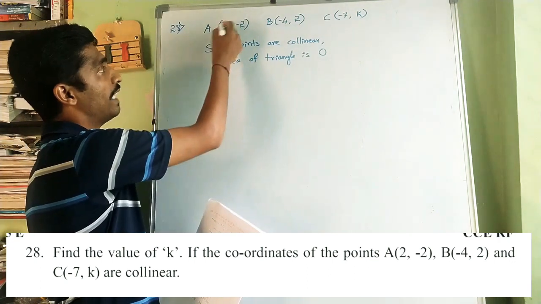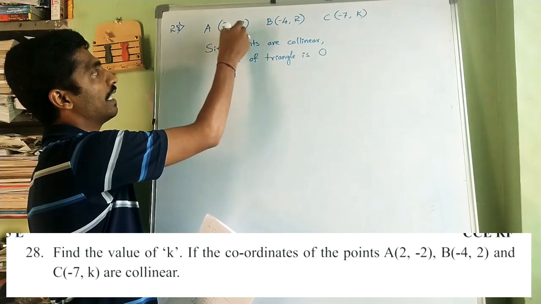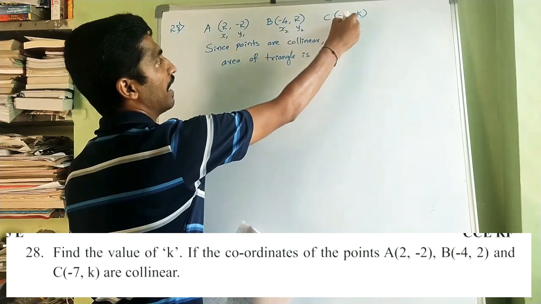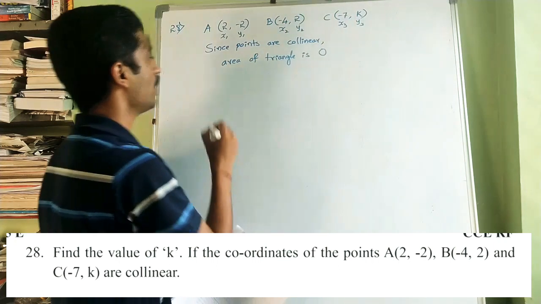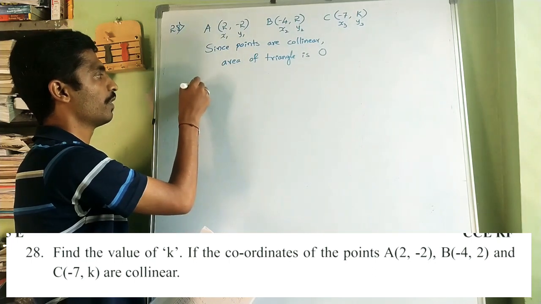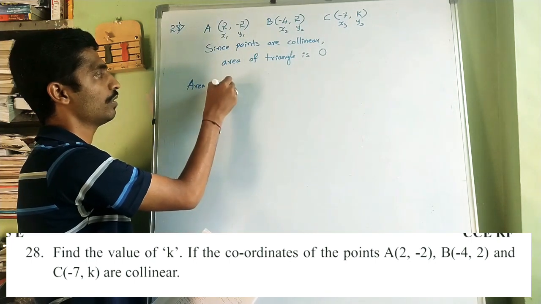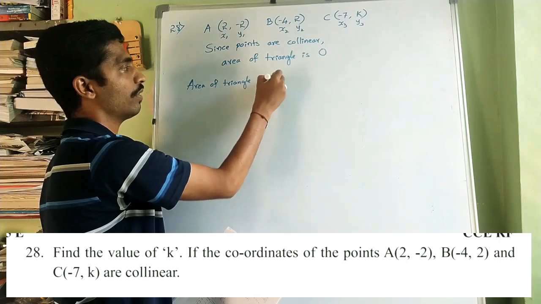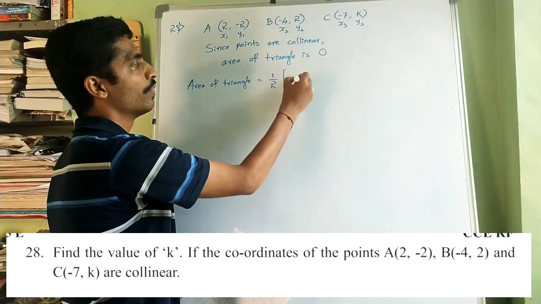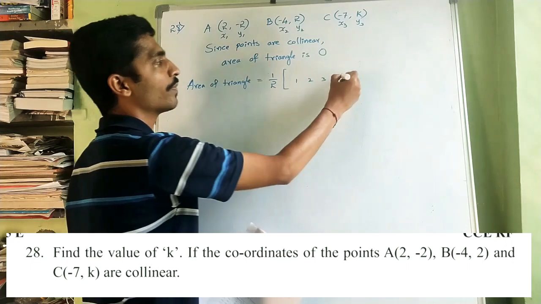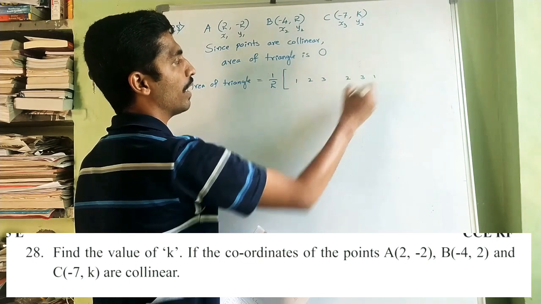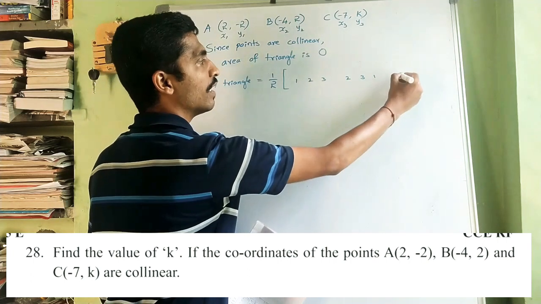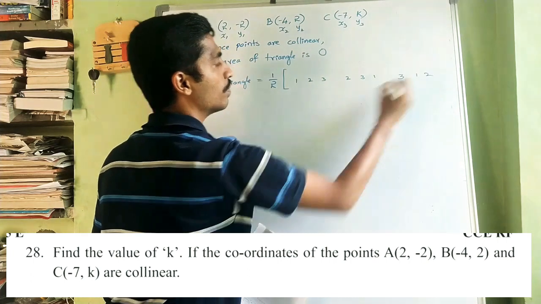Okay, so let's name them x1 y1, x2 y2, x3 y3. So we know the area of triangle formula. What is the area of triangle formula and how to remember it? Area of triangle equal to 1 by 2, then 1, 2, 3, 2, 3, 1, and 3, 1, 2.